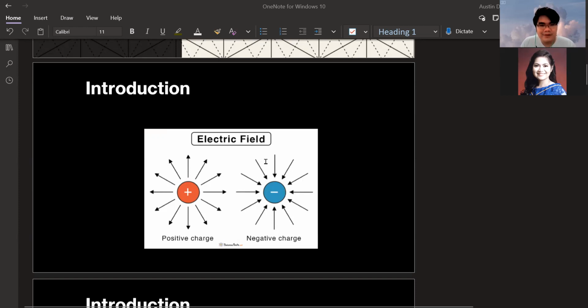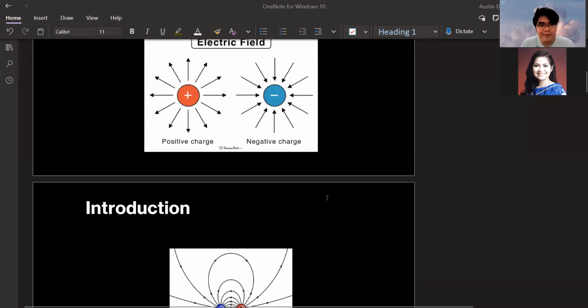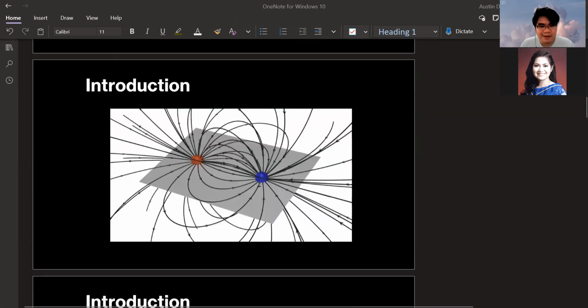Sinabi ni Maxwell na parang ether daw siya or parang blanket around a charge. But then na-prove naman natin sa special relativity that this ether does not exist. So, ayan, mahirap imagining yung electric field lines natin. Okay? So again, they're just mathematical objects that help us solve our problems.